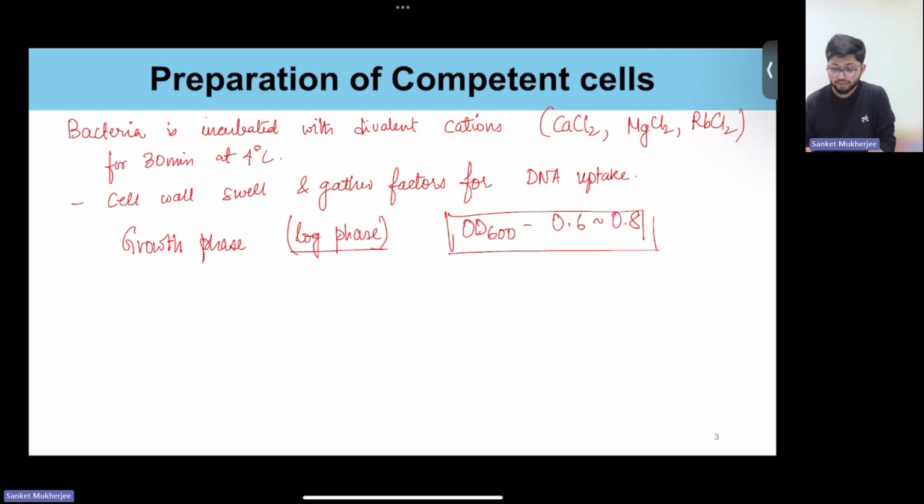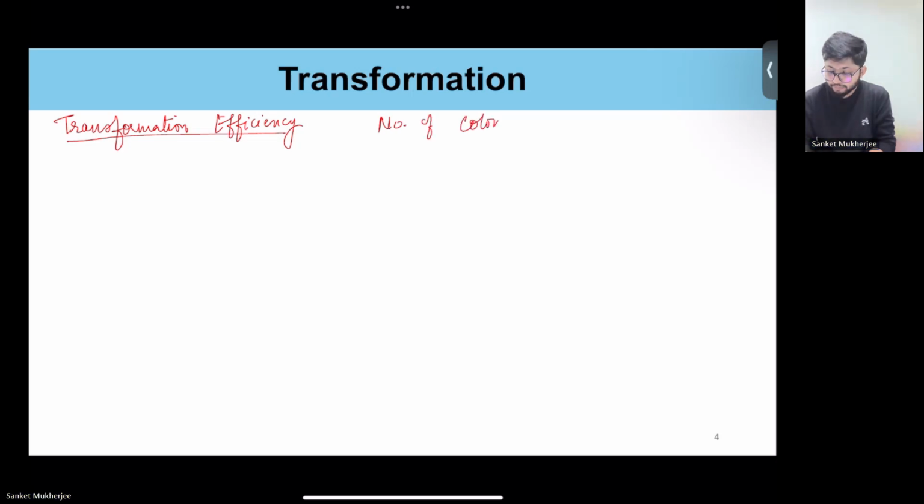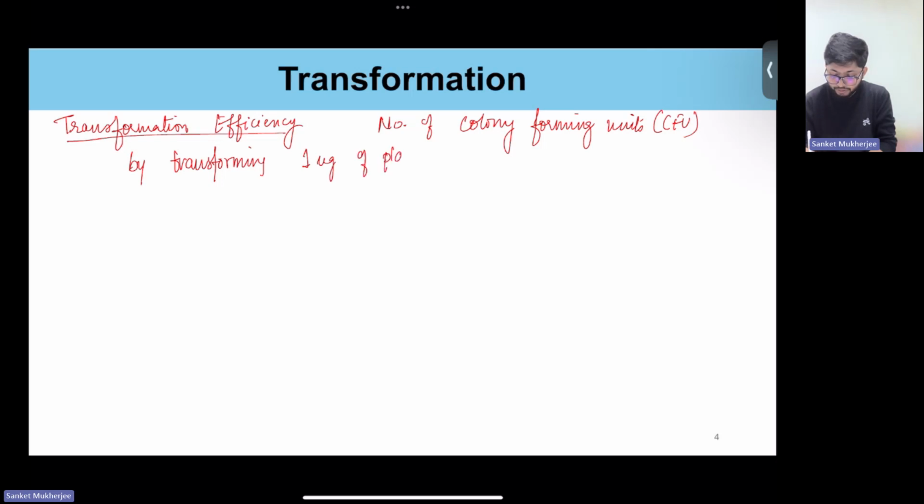So transformation is the process by which we insert this DNA into the competent cell. And after the DNA is inserted, we calculate transformation efficiency. Transformation efficiency is the number of colony forming units, or also known as CFU, by transforming, let's say, 1 microgram of plasmid.